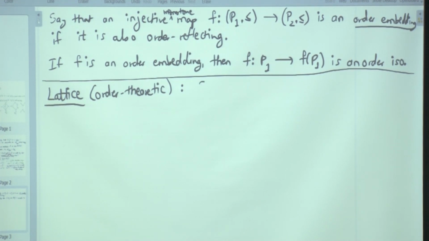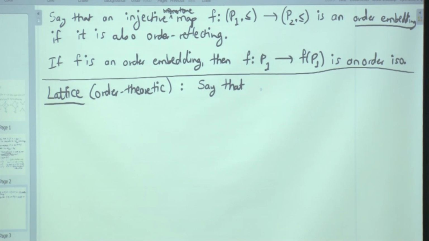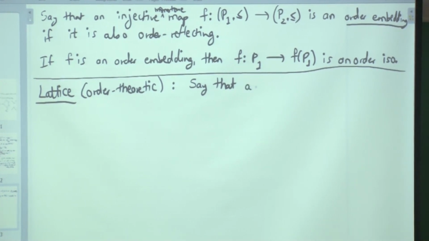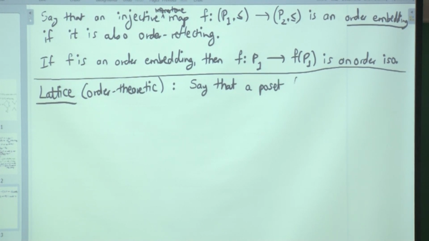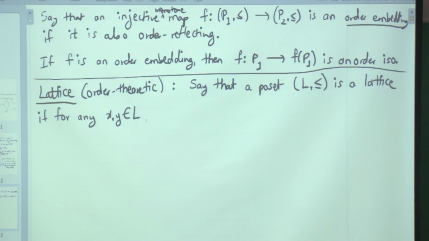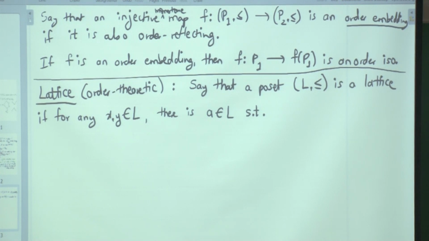Okay, so say that because it's a lattice, we'll use the letter L. For a poset, we use the letter P. Say that a poset is a lattice if for any x and y in L there is A in L such that now there are two properties.